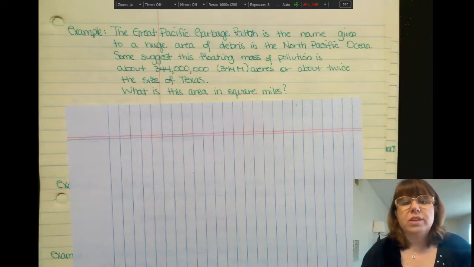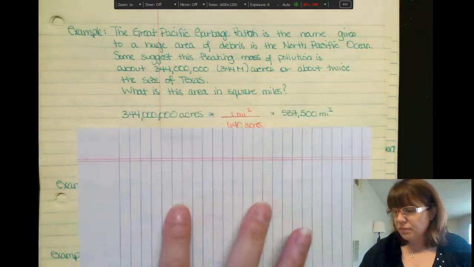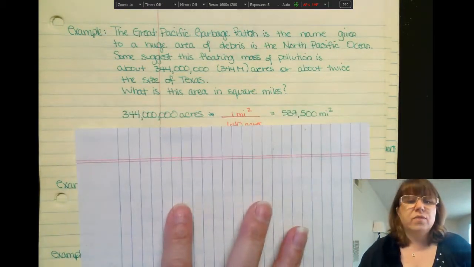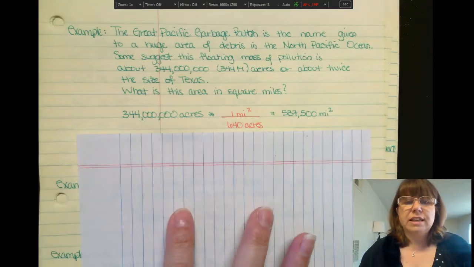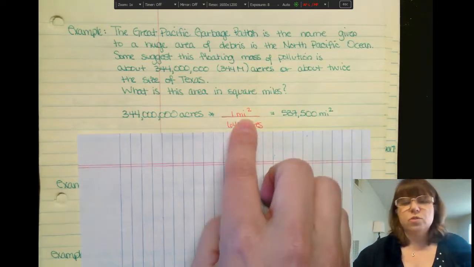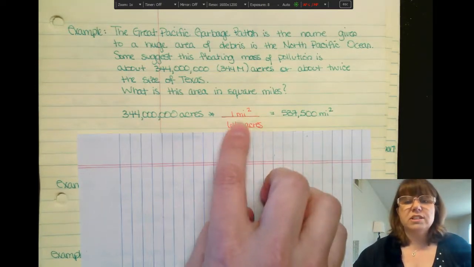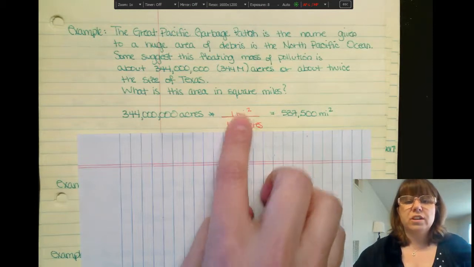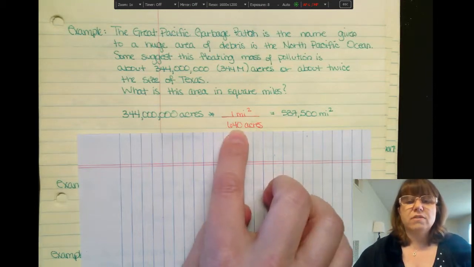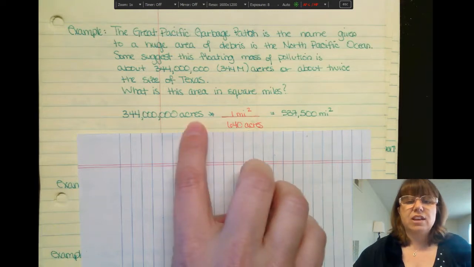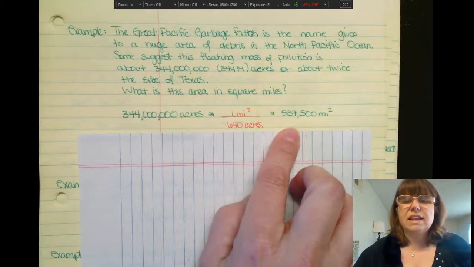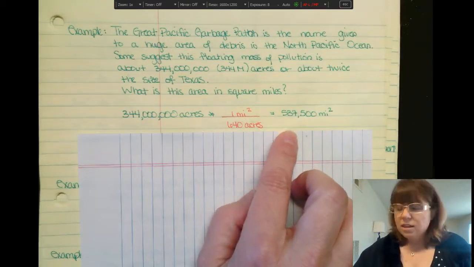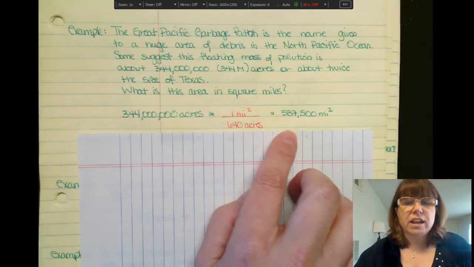So let's figure out what the area is in square miles. 344 million acres I need to convert to miles. So my conversion is going to be 1 mile squared to 640 acres. The acres will cancel out, leaving us 537,500 miles squared.